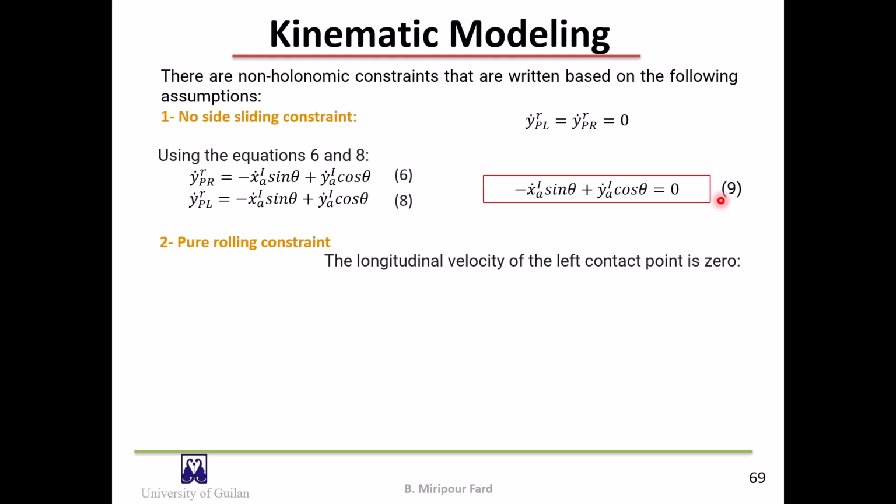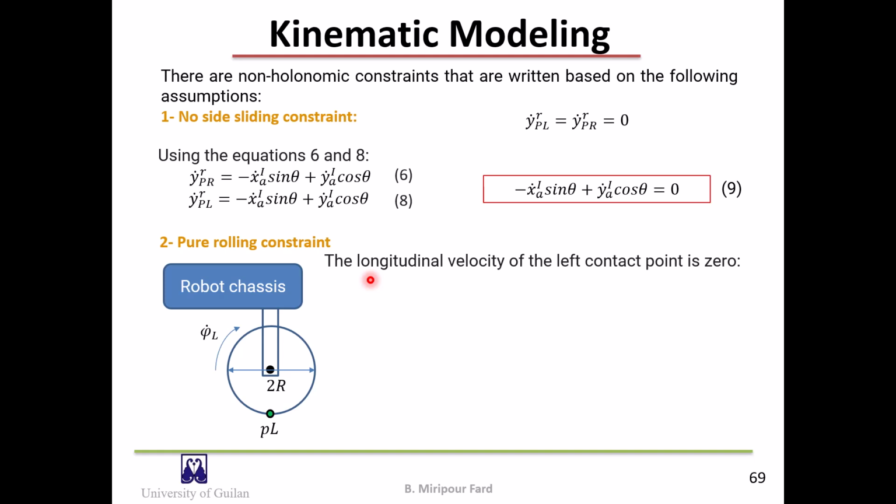Now let's express the pure rolling constraint. The pure rolling constraint represents the fact that each wheel maintains one contact point P with the ground. There is no slipping of the wheel in its longitudinal axis XR.